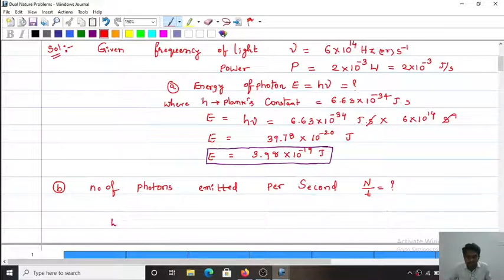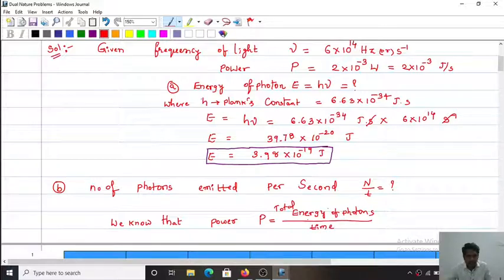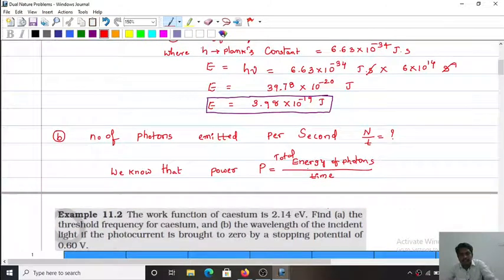We know that power P is equal to the total energy of photons by time, that is work done by time, or energy by time. That is the power.